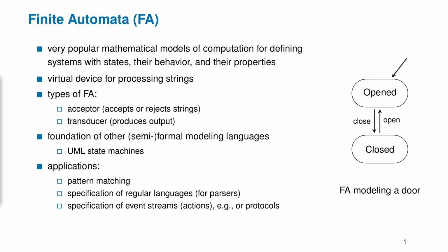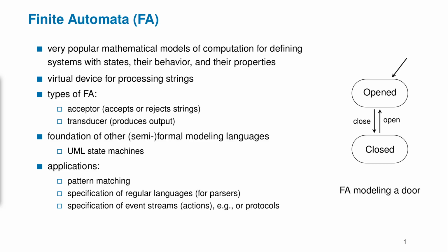And in contrast to other application fields of Finite Automata, where they are used for describing, for example, languages or check if some patterns match or can be found in an input string, in the context of formal verification, we use them for specifying event streams or sequences of actions.